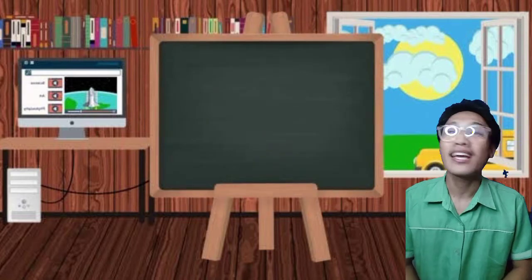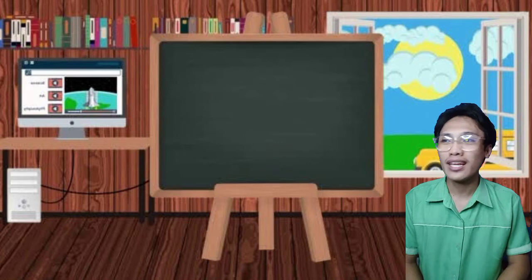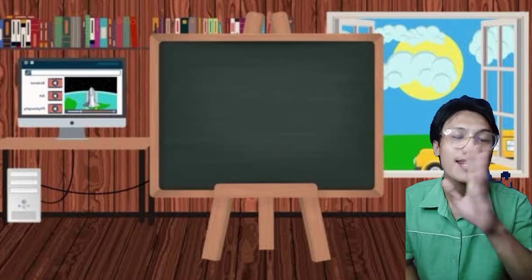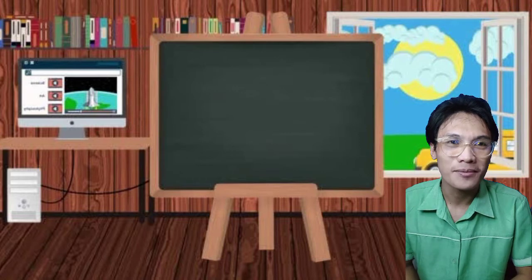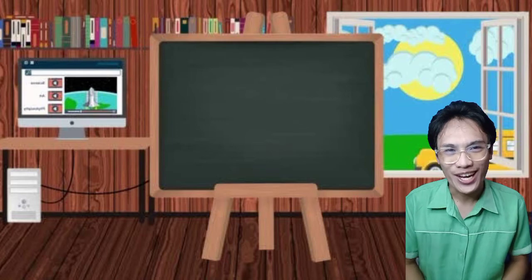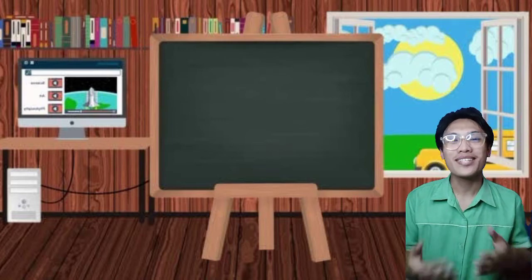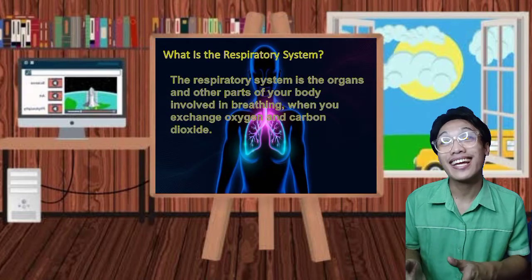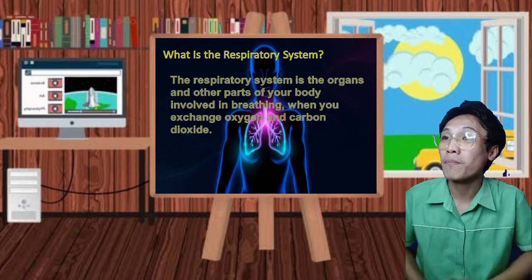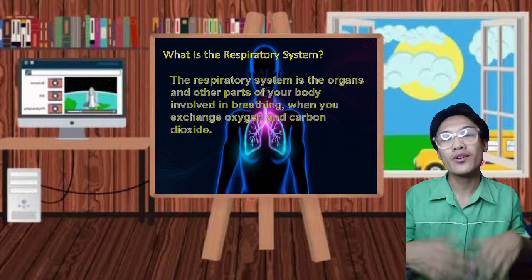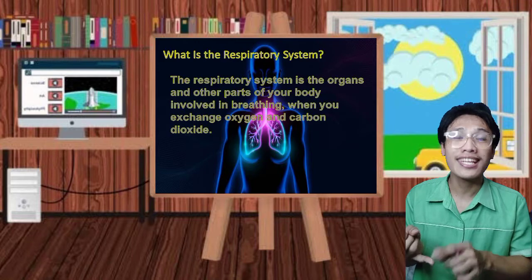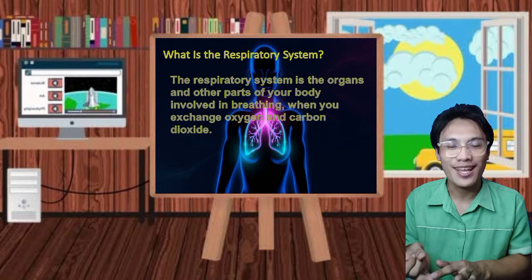So by the way, what is the respiratory system? Can I call someone? Yes, you, Angela. Yes, you're right. Very good. Actually, the respiratory system is the organs and other parts of your body that are involved in breathing, when you exchange these two gases, oxygen and carbon dioxide.